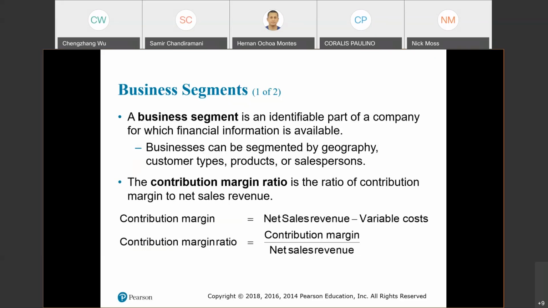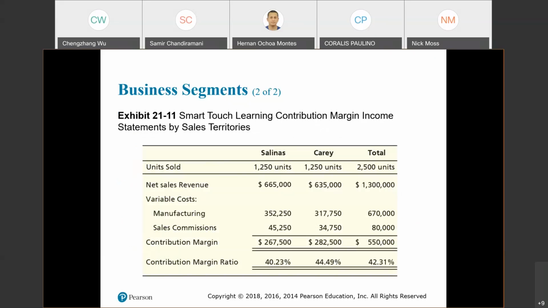So we assume that the company has two salespersons, they are Selena and Carrie. During the last accounting period, both sales representatives sold 1,250 units, the same amount of units, 1,250.